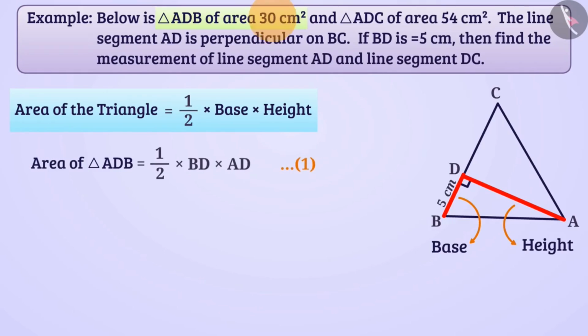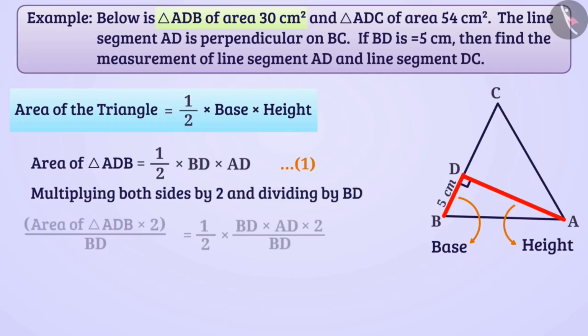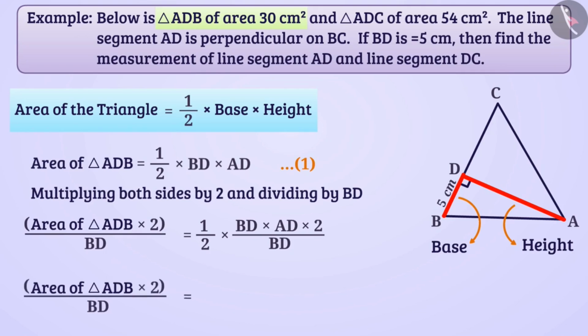We know the area and measure of side BD. So, we can find the measure of AD. For this, we will arrange the equation multiplying both sides by 2 and dividing by BD. We get area of triangle ADB multiplied by 2 divided by BD is equal to AD.